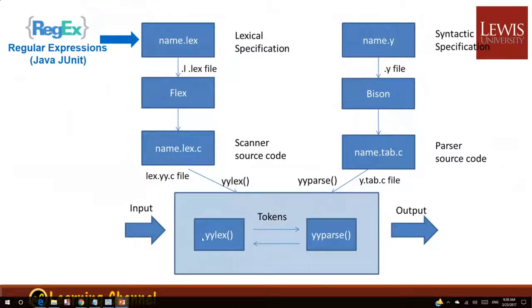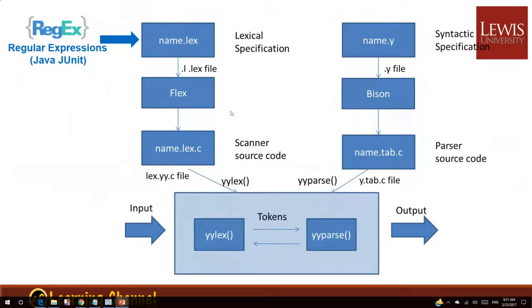And right here, I show you Lex and Yacc. These are widely used for compiler design. You may have some program that needs to be compiled to generate the output.